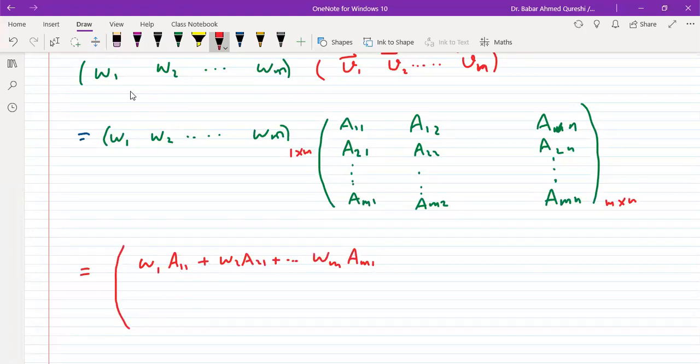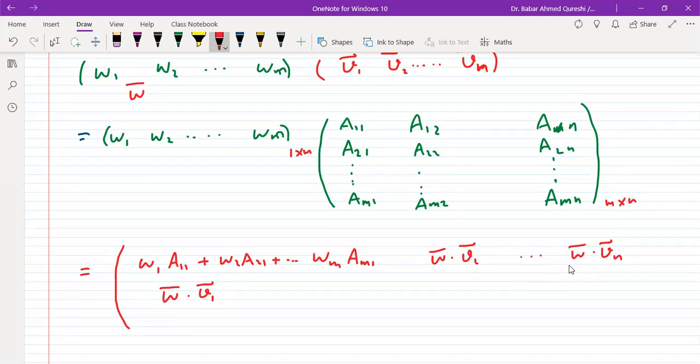So whatever your row is here, that's what the rule says. Take the dot product, which gives you a number. Then you do it with the first column, which has only one number. Then you take the second column and again make the dot product, which gives you again some number, all the way until you go to the last column.